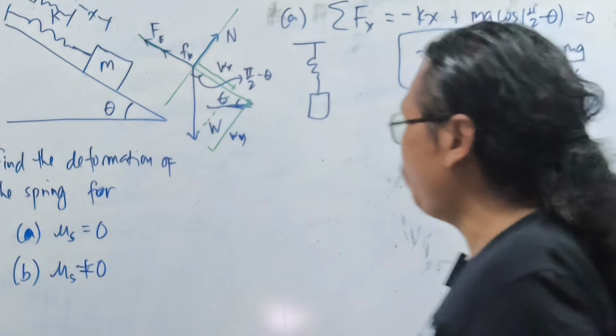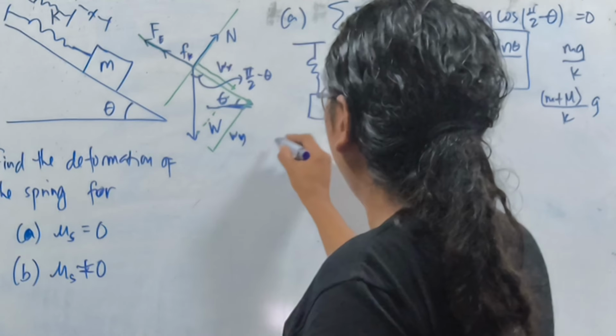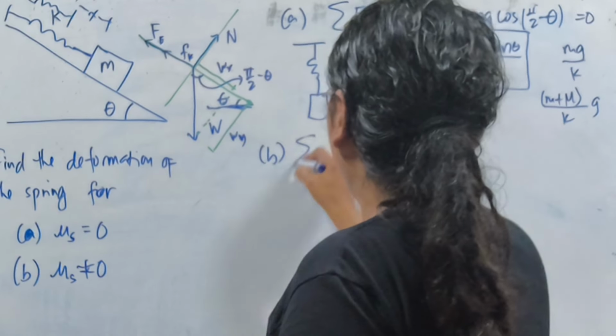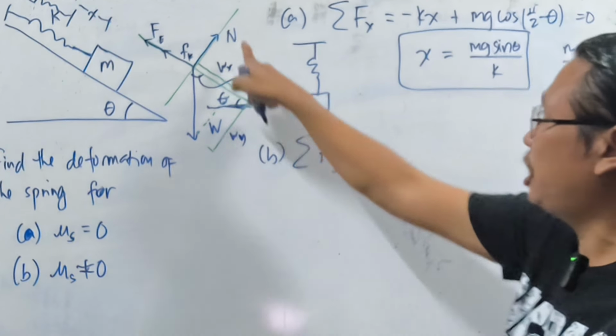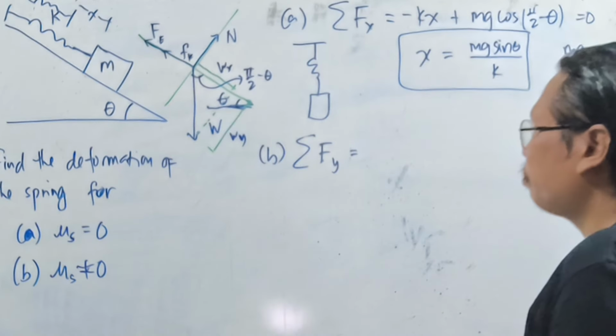How about the second case, when mu s is not zero? For B, let's take again the summation of forces. We have to solve along y because we have to get what this N is.